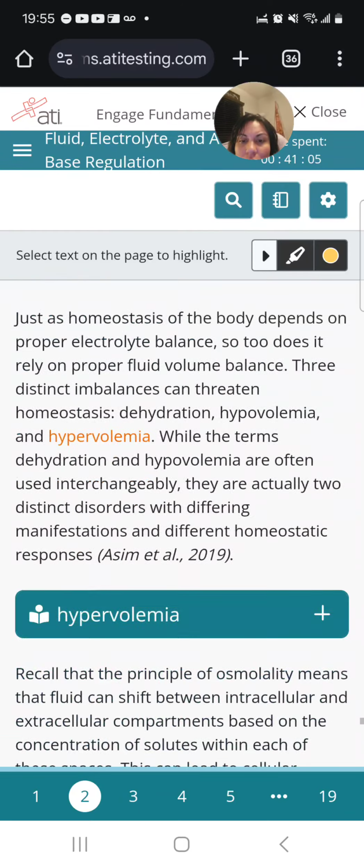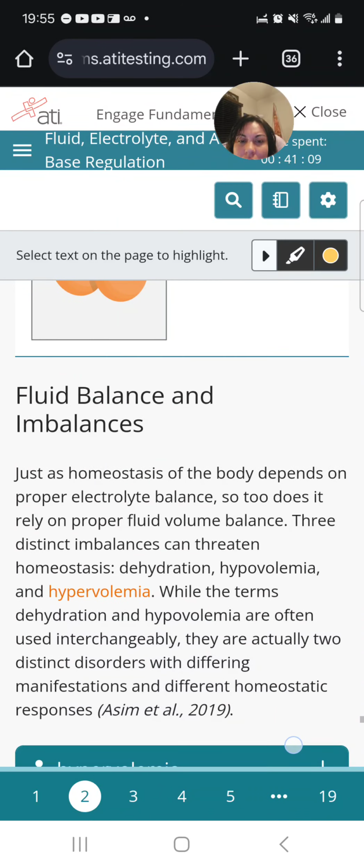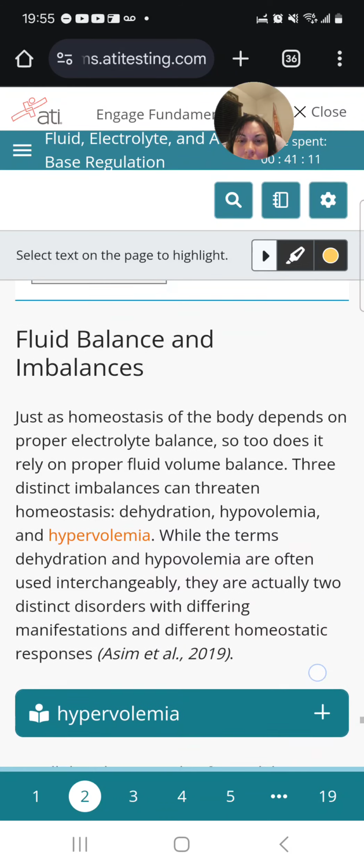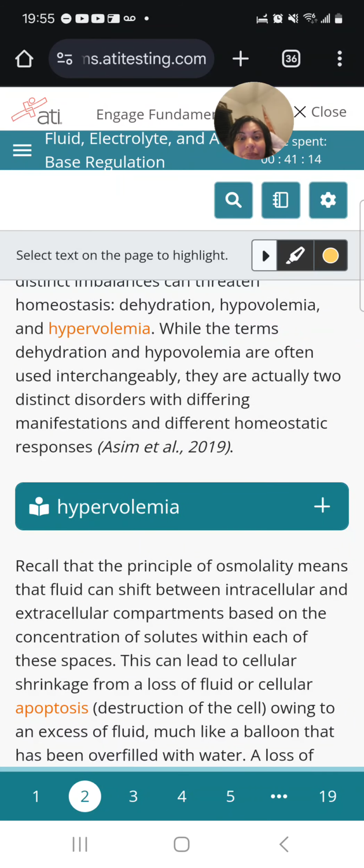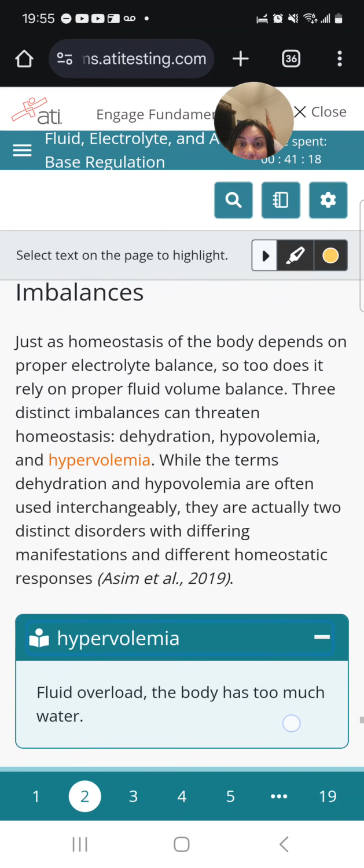Okay, so I wanted to go over hypovolemia. This is fluid overload. The body has too much water.